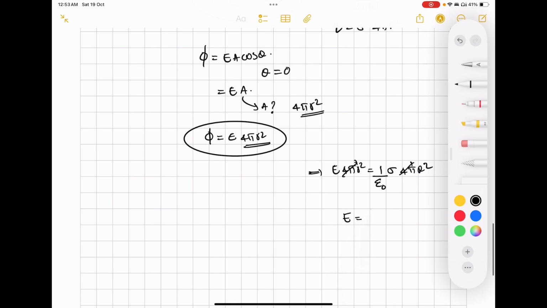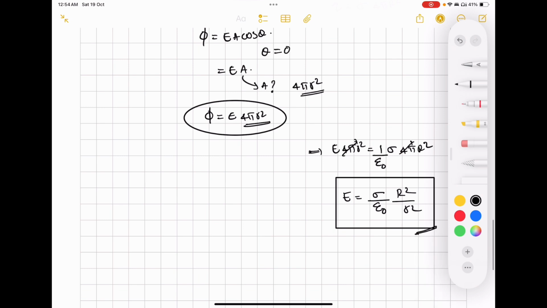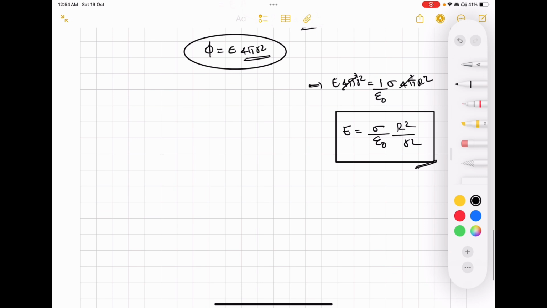Electric field E is equal to sigma by epsilon 0 into R square by r square. So this is the electric field due to a shell at an outside point.